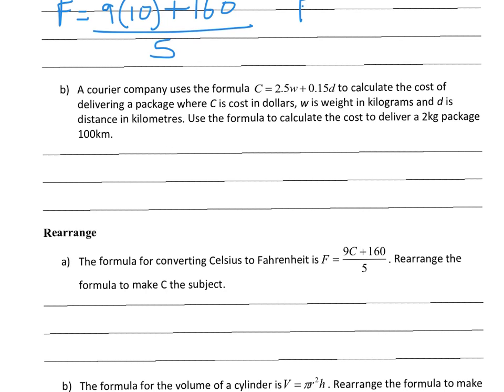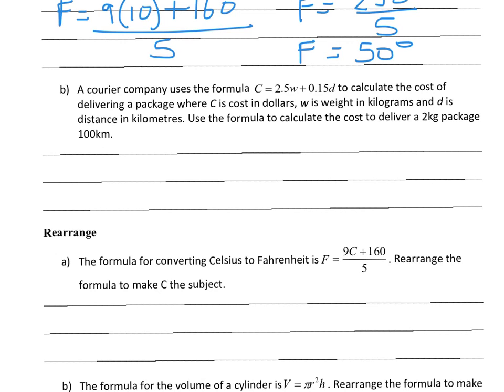So F equals 9 times 10 is 90, plus 160 is 250, divided by 5. So the number of degrees Fahrenheit is going to be 50 degrees, which is the same as 10 degrees Celsius, which sounds right.